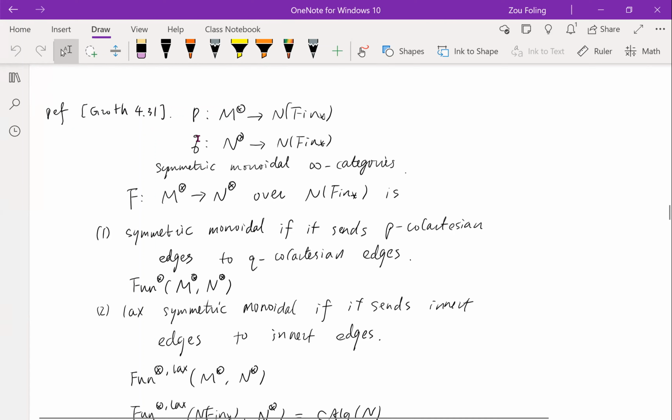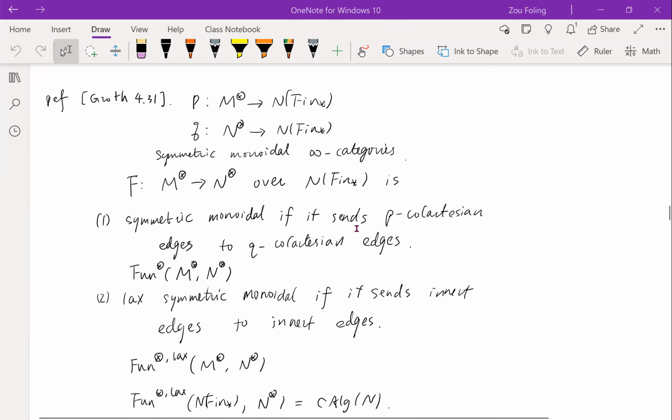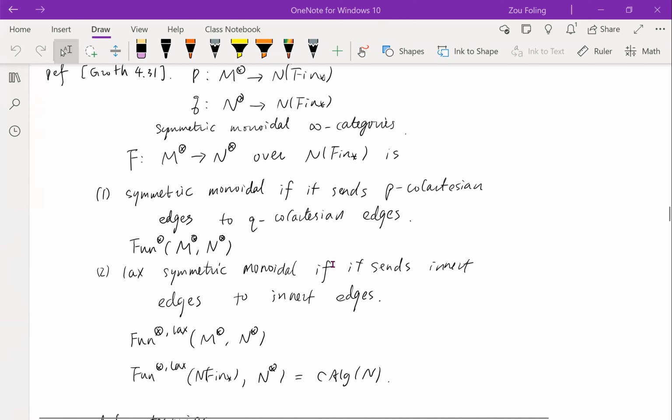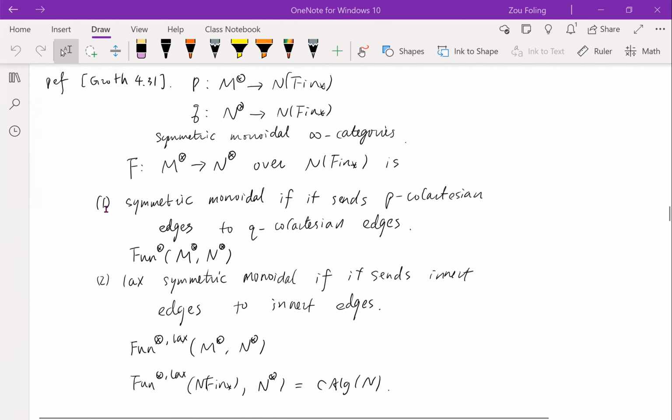So here we have two symmetric monoidal categories P and Q, and a functor over nerve of thin star is called symmetric monoidal if it sends P co-Cartesian edges to Q co-Cartesian edges. It's denoted functor M tensor to N tensor. And it's lax symmetric monoidal if it sends inert edges to inert edges. So number one is stronger than number two because inert means P co-Cartesian and over inert edges, so there are fewer of them than these.